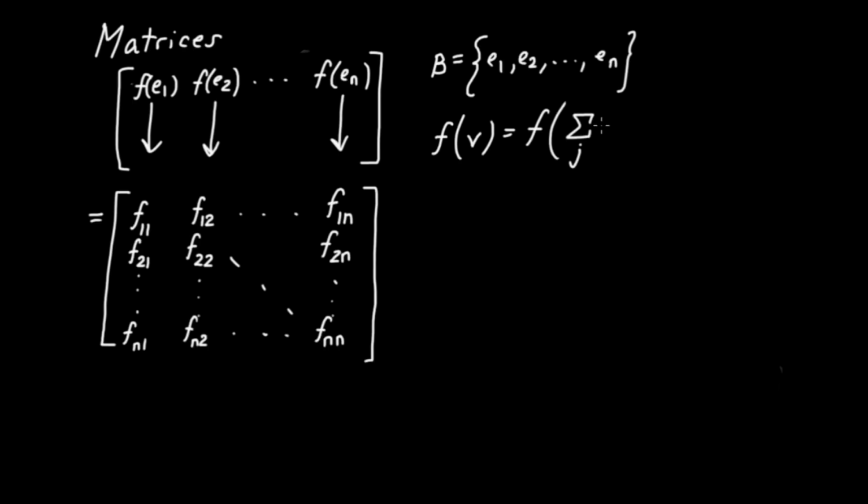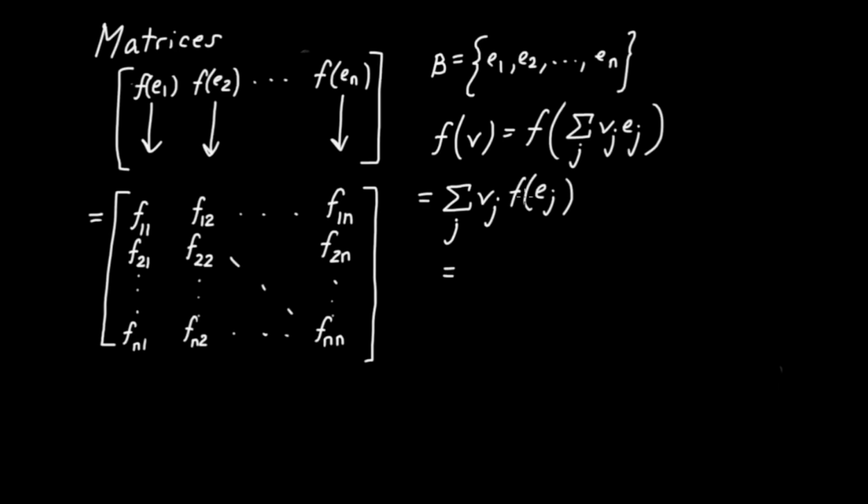So it's going to be the sum over j, v sub j, times e sub j. And since f is a linear transformation, we may move the sigma out front because the linear transformation is additive, and we may move the scalars out front, and we therefore have the sum over j, v sub j, times f operating on e sub j.